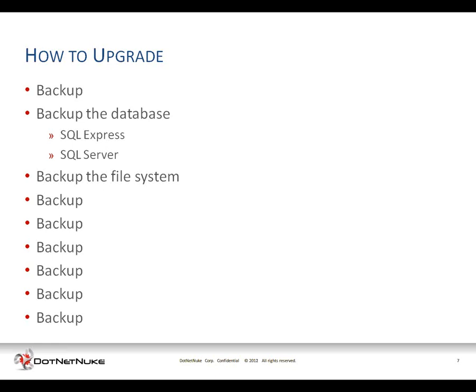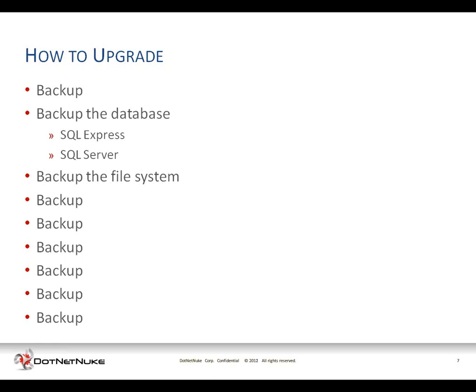So I'm going to show you how to perform the backup of the file system and the database here in just a moment. Now, I will point out one thing. I have two different websites that we're going to upgrade today. The first website is running DotNetNuke version 5.5.0, and it's running on Microsoft's SQL Server Express. SQL Server Express is a free edition of SQL Server. It treats the files a little bit differently than a regular version of SQL Server. So the backup process for SQL Express is going to differ slightly from a full install of SQL Server.